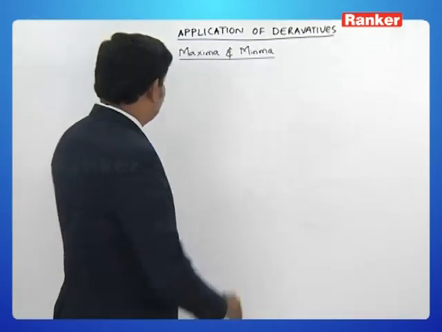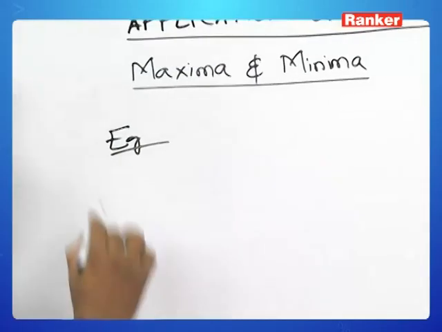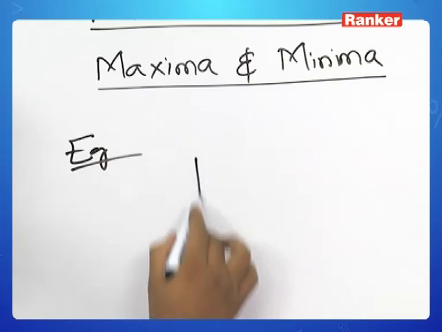Let's look at another example to identify local maximum and local minimum on a given graph.